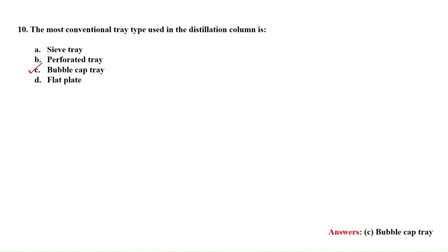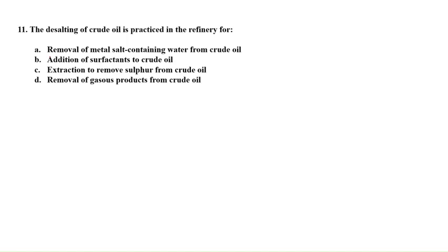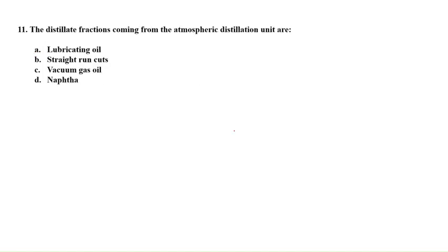Okay. And the last question, the desalting of crude oil is practiced in the refinery for option A, removal of metal salt containing water from the crude oil. Yes, desalting removes different salts present in the crude oil before introducing the crude oil into the distillation column.